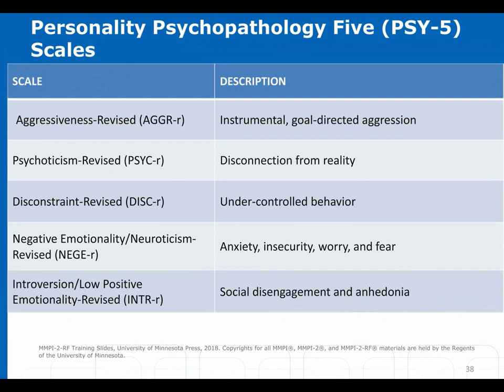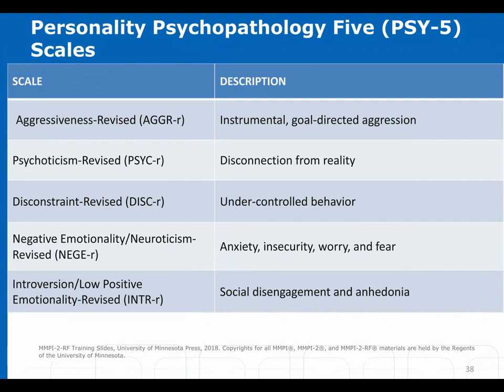The first Psy-5 scale is aggressiveness. And in contrast to the aggression scale, which is a specific problem scale, the aggressiveness scale measures instrumental aggression. In other words, aggression for a particular aim. The psychoticism scale measures disconnection from reality.